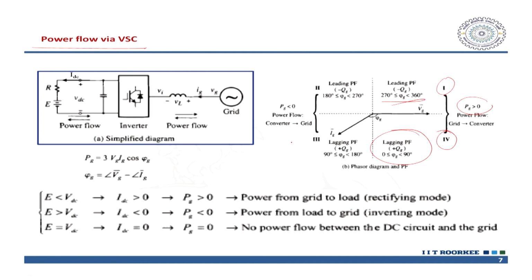Similarly, there is a second quadrant that lies between 270 to 180 degrees, where power will be flowing back from the grid to the source, and thus the net power is received by the grid, maybe from the solar to the grid. Accordingly you will fix whether you want a leading power factor operation or a lagging power factor operation.